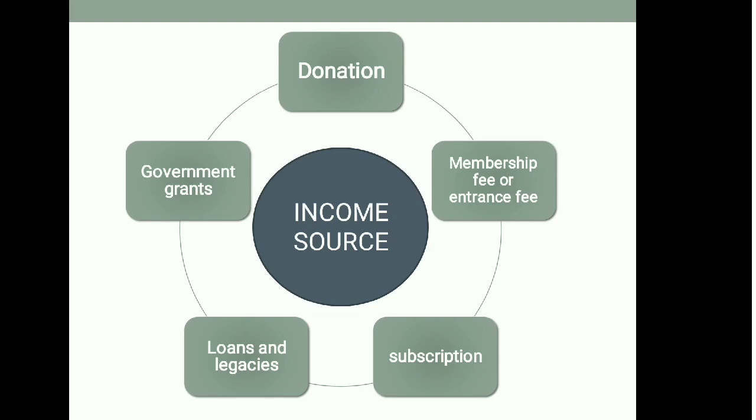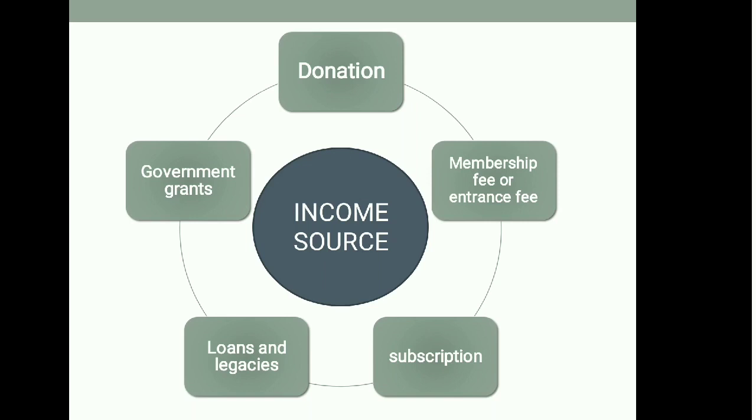If an NPO receives donations, most of the time people give donations to NGOs, and these donations will be considered income for the receiver. Next is membership fees or entrance fees. Whenever someone joins a club, that fee is considered membership fees. Next is subscription. If any member of our club pays an annual charge, that annual charge is considered subscription.